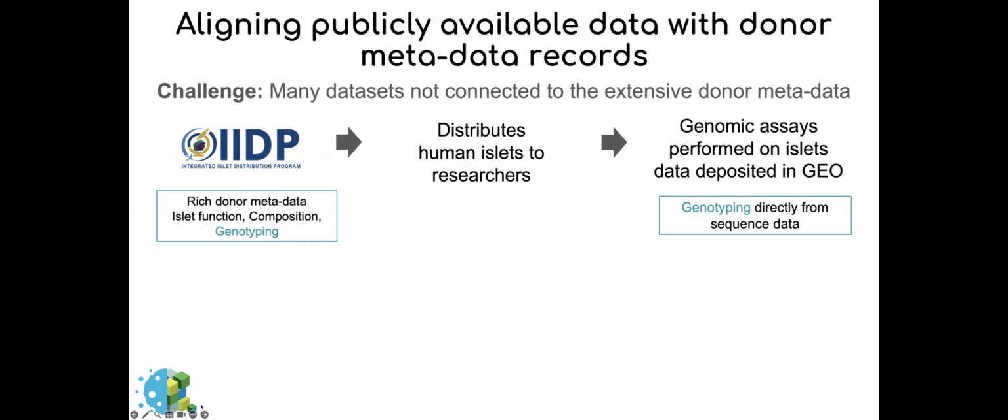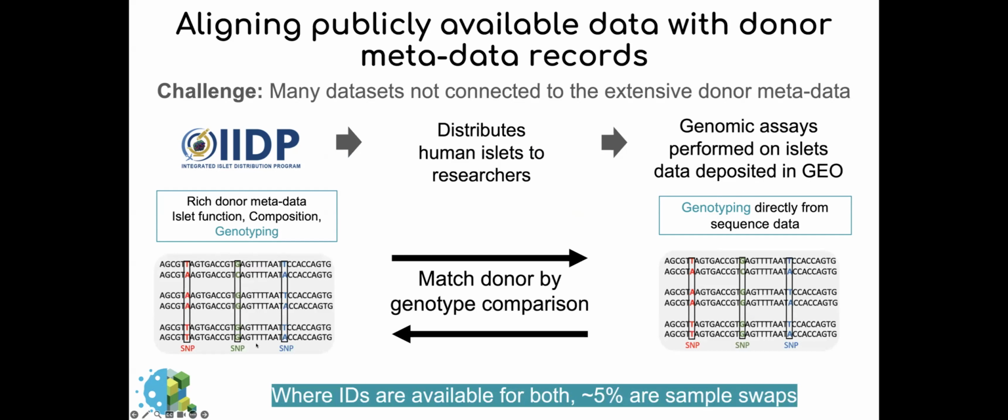And we can do that by pulling out the genotypes from the donors in IIDP and then pulling the genotypes from the deposited data and matching to give us an idea whether or not donors are accurately aligned with their metadata. We can also rescue data, samples where we've got insufficient data so that they can be aligned with the correct donor information.